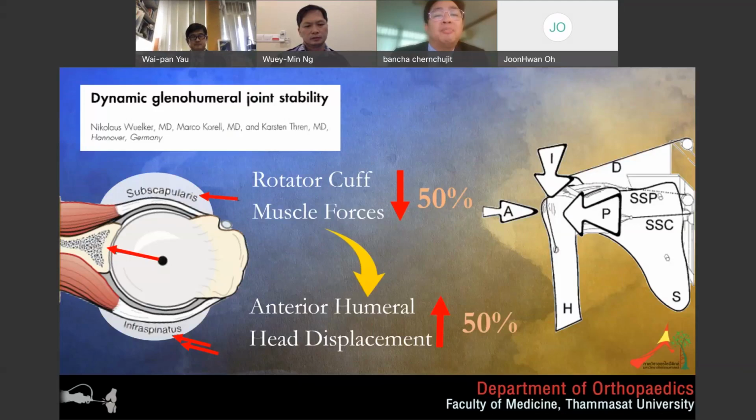If the rotator cuff muscle strength is reduced by half, it will increase the displacement by 50%. This shows how important the dynamic stabilizers are to keep the glenohumeral joint stable.